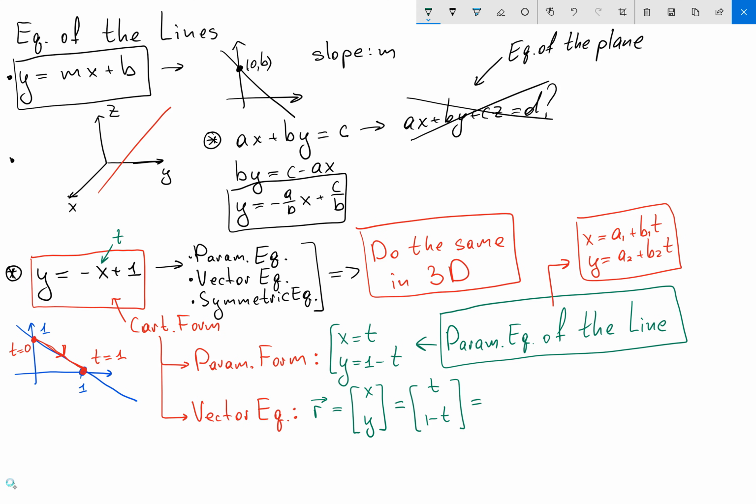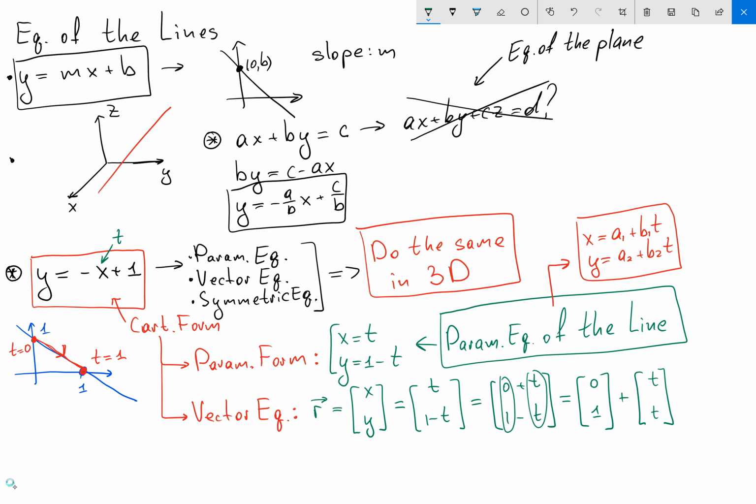And here I can think about my first component. You can see that the constant term is missing, so I can write this as 0 plus t and 1 minus t. But according to vector addition, I can split this sum and subtraction into two vectors. The first vector with numbers 0, 1, and the second vector with components t and negative t.